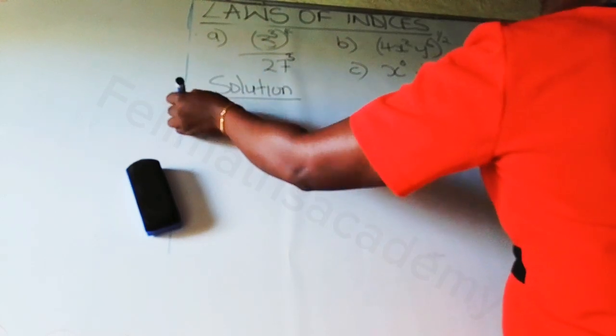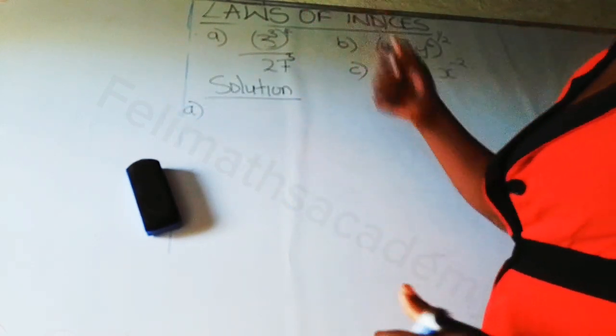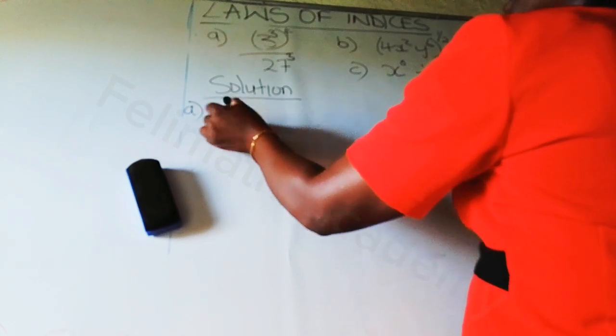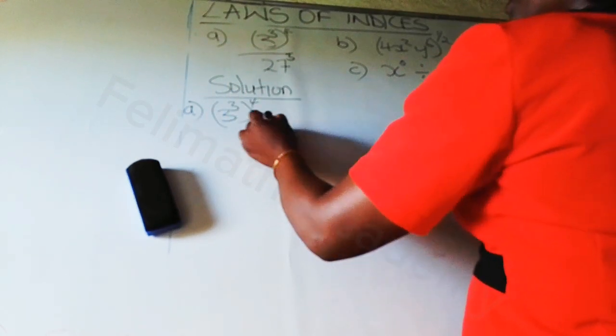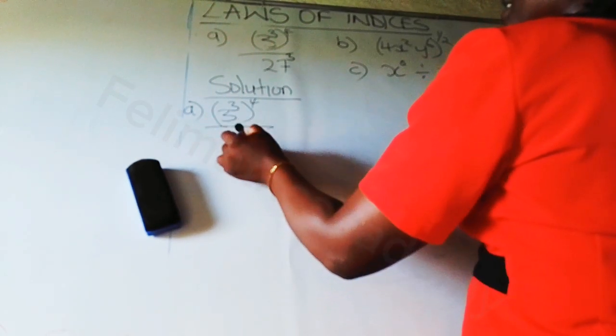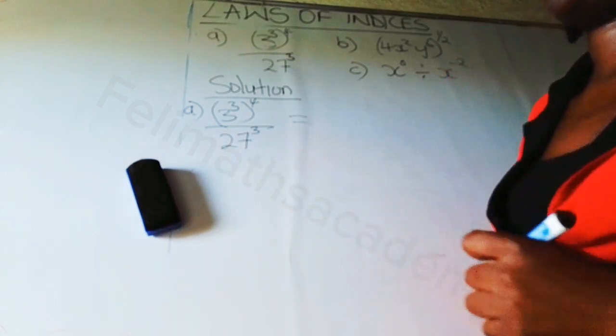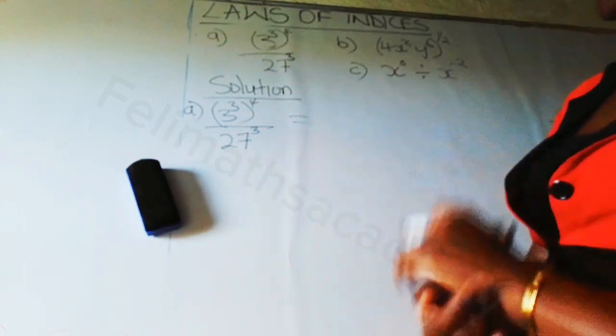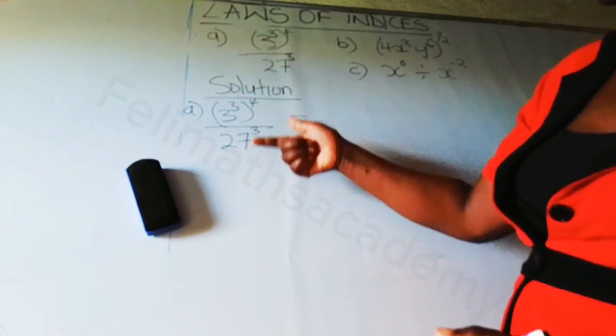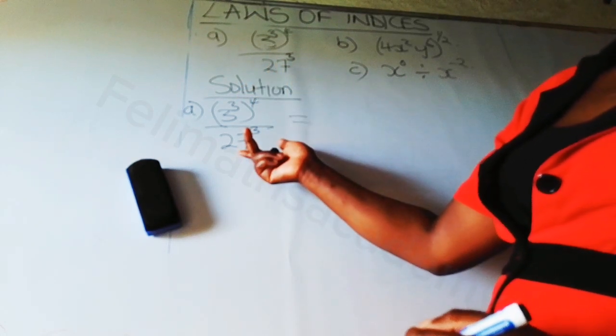We have 3 to the power 3 raised to the power 4 over 27 to the power of 3. By manipulation, 3 to the power 3 is just the same as 27.